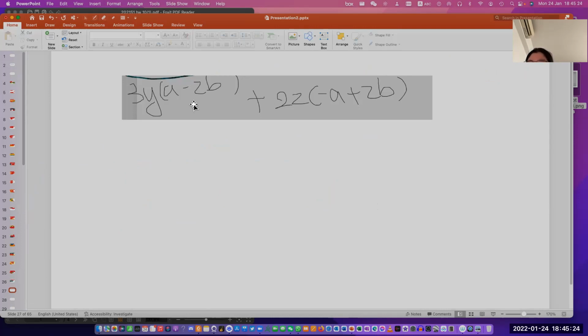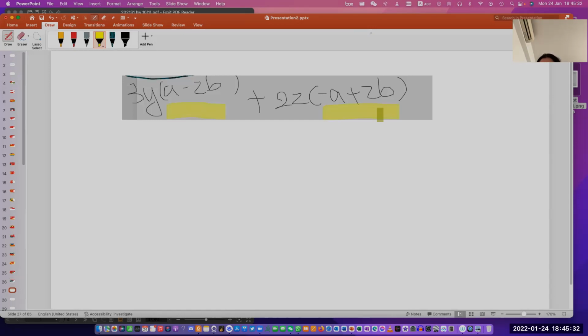Can you see that your a minus 2b and this minus a plus 2b are kind of similar, but not exactly the same? So can you use the technique of taking out the minus sign? Can you try to take out the minus sign here? See if you will end up with the same term.